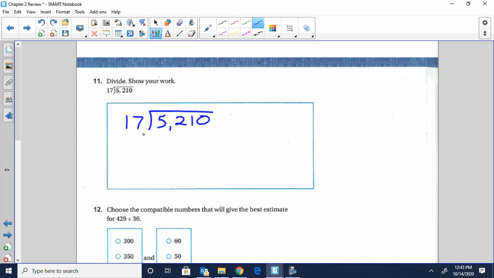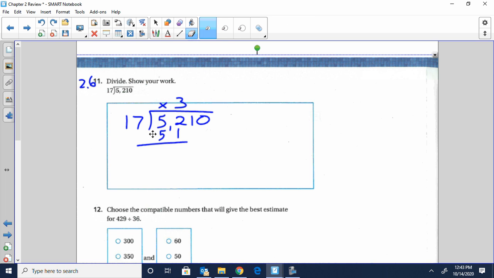We can again go back to lesson 2.6 if you need more help with this. 17 does not go into 5. 17 goes into 52 3 times, because that is 51. I subtract. We're going to get 1. We're going to bring down the 1.